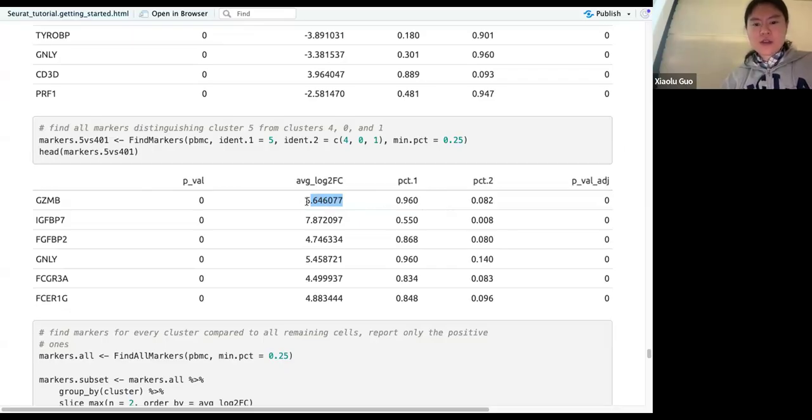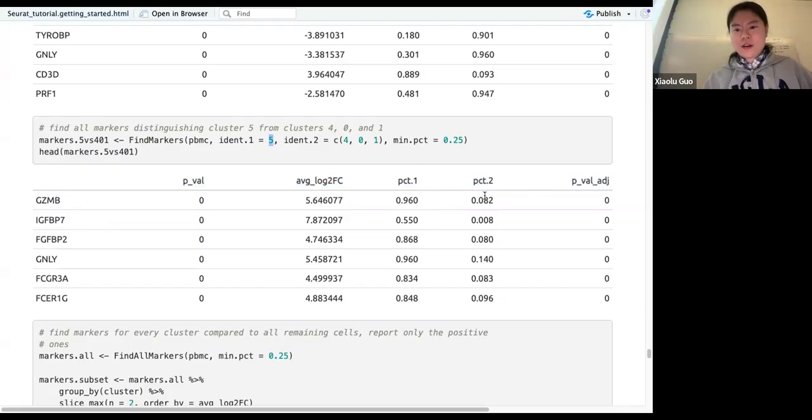And so this one is just a 2 to 5.6, right? 5.6, and that's the original fold change before taking log2 transformation. And then we can see the percentage: this gene is highly expressed in cluster 5, the first given cluster, with 96% of the cells expressing that gene.